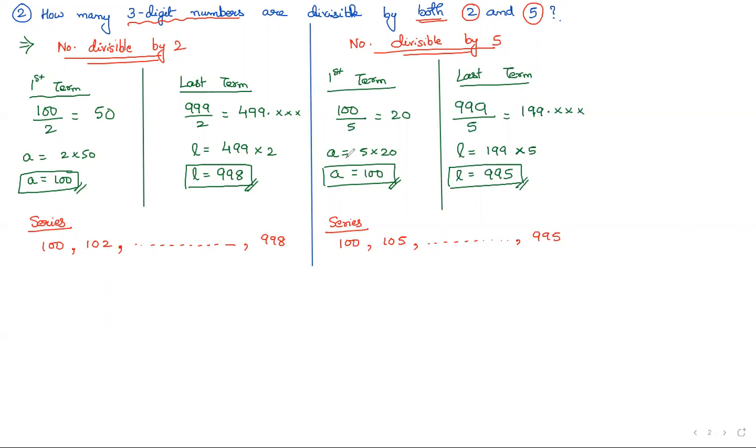So in this, since there is an 'and' into consideration, what is that? There is 'and' into consideration because 'and' means you have to do the intersection. You have to take the intersection. So when 'and' is there, you have to take all the intersection values. Now, if you see the intersection values, 110 is also divisible by 2 as well as 5.